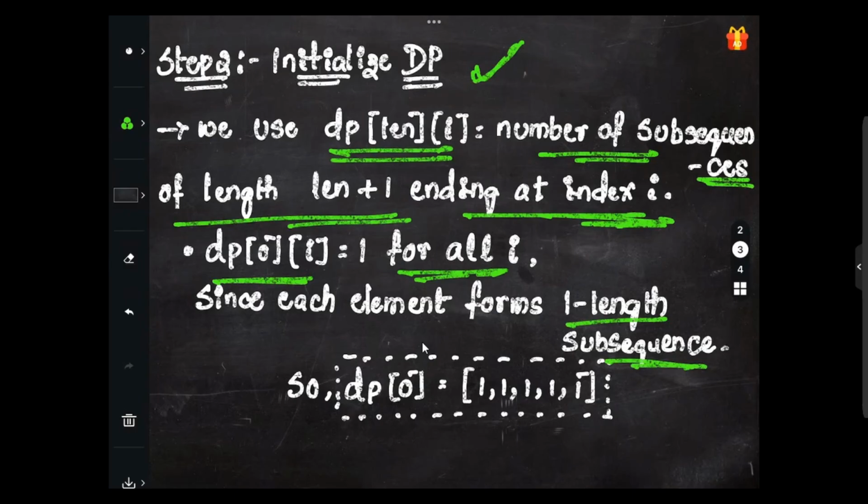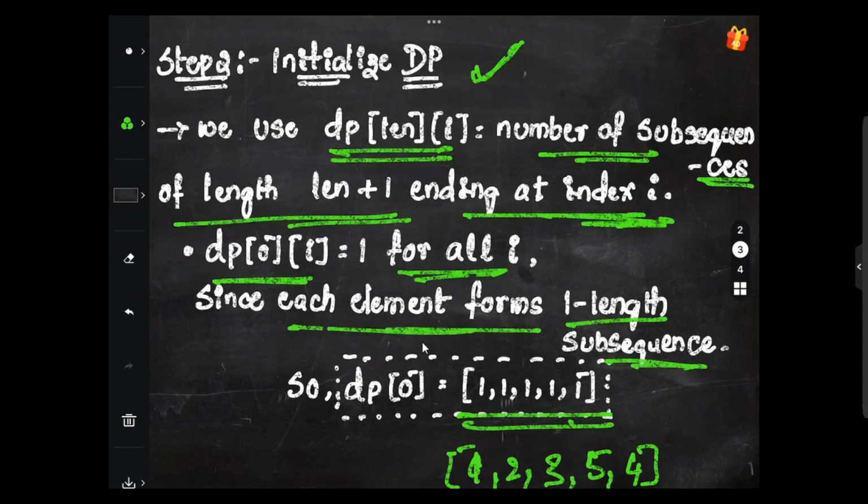So DP of 0, we are giving 1 1 1 1 1 because in the input we have 1 2 3 5 4, 5 elements. In that spot, we are saving 5 times 1, since each element forms a one length subsequence at least. So initially we go with DP of 0 as 1 1 1 1 1. I hope this is clear, easy to understand.